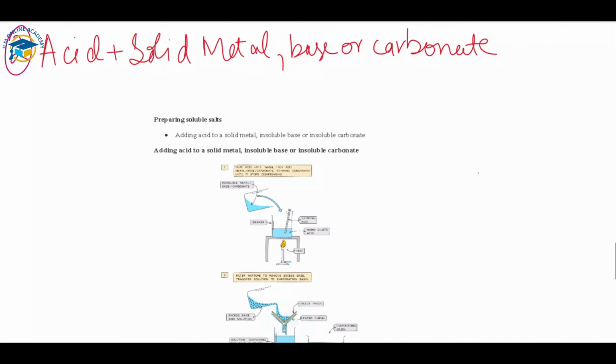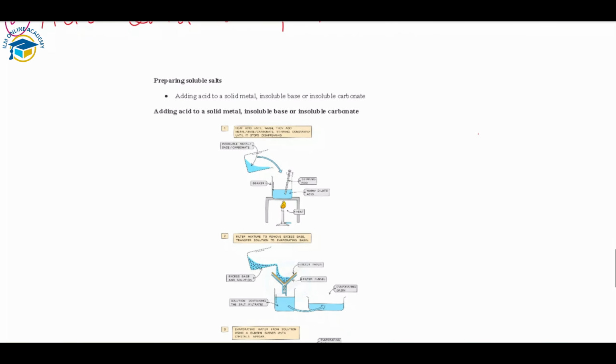So this is the second method for the preparation of the soluble salts. Acids react with the solid metal, the base, or the carbonate, insoluble base and insoluble carbonate. So first of all, you can see here on my screen the preparation of the soluble salts, and we are adding the acid.